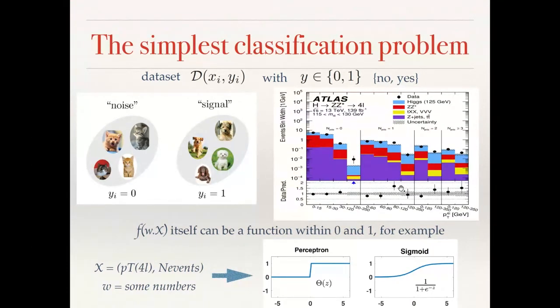Or maybe, getting closer to home, you are looking at events in the Large Hadron Collider, in this case events with 4 leptons in the final state. You would like to know whether an event with leptons with a particular momentum, this PT of the 4 lepton, could correspond to the standard model production of the Higgs, or to production from other standard model processes like ZZ and so on.